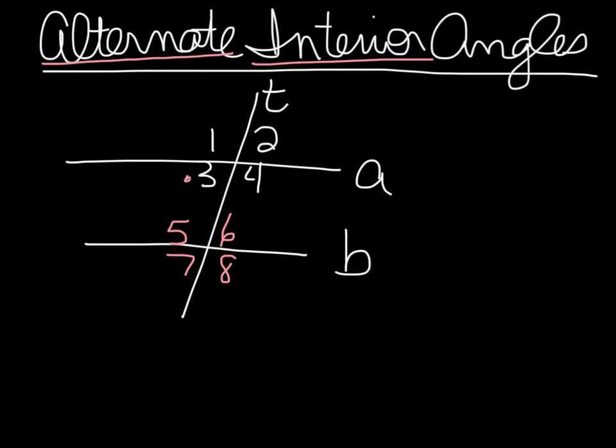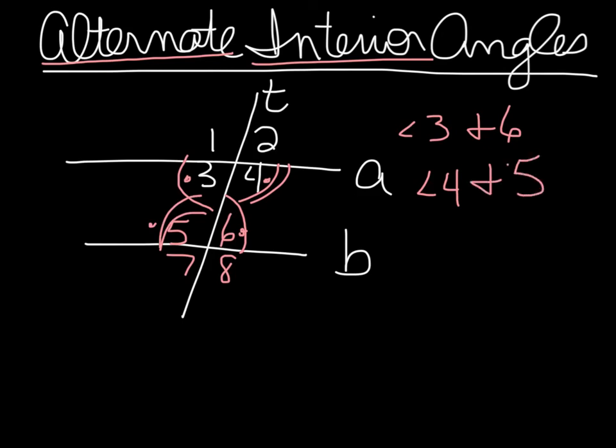Angles 3, 4, 5, and 6. Now what is on the alternate side? Angle 3's alternate interior angle is 6. Angle 4's alternate interior would be angle 5. So alternate means on opposite sides of the transversal, and interior means on the inside of the two lines.